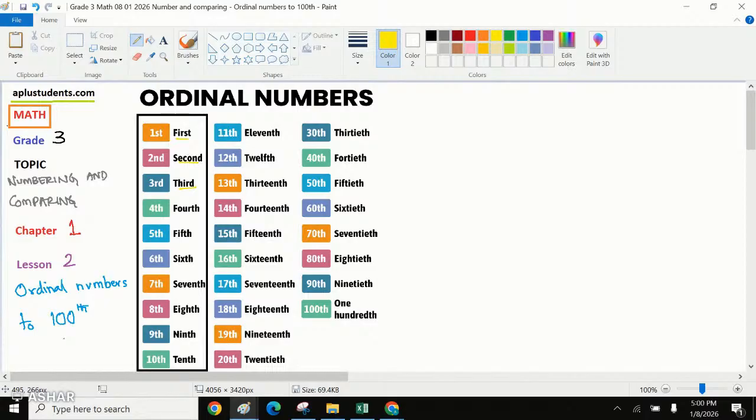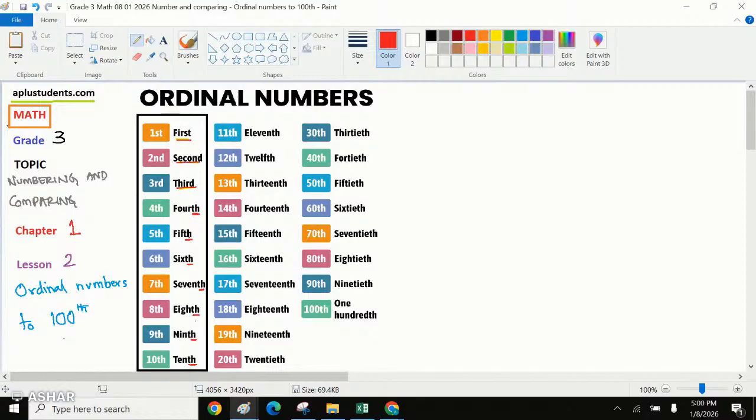But once we move from 4 onwards, we can see a 4th, 5th, 6th, 7th, 8th, 9th, and 10th, right? So the first 3 ordinal numbers were exactly the same. And from 4 onwards till 10, we apply a TH, okay?